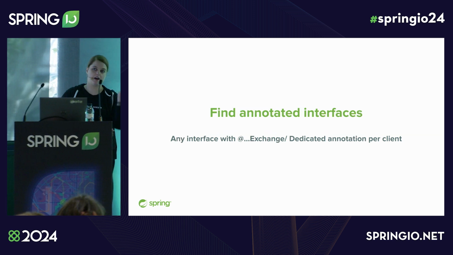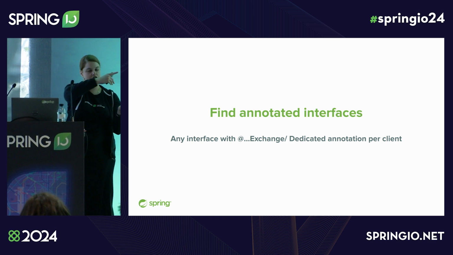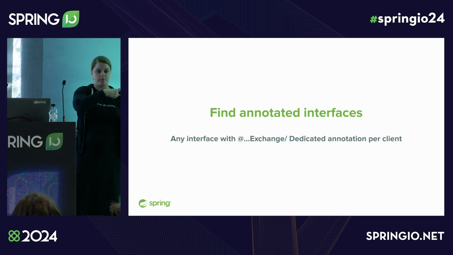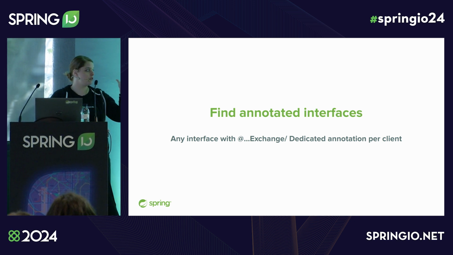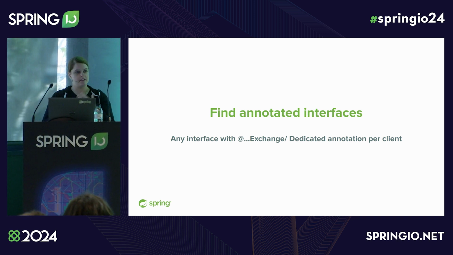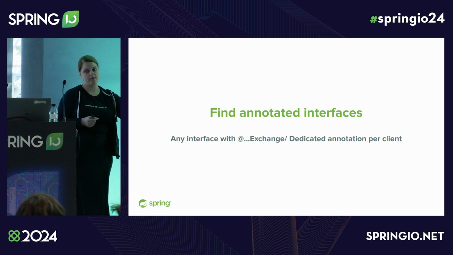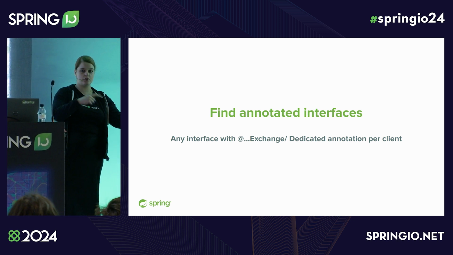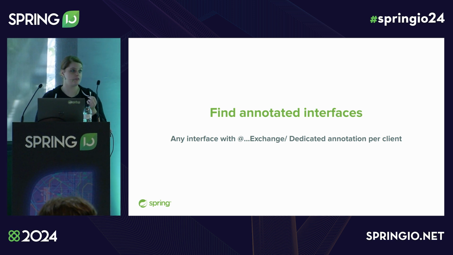Another thing, how do we find the actual interfaces? Again, if we had those previous annotations, then maybe we just indicate there. But if we don't decide to go with it, then maybe we look just for the HTTP exchange or socket exchange annotated ones. But for example, in Feign, we had a FeignClient annotation, and that allowed us to also pass the service ID and that we used for load balancing, and we used for circuit breaking, and also additional configuration.